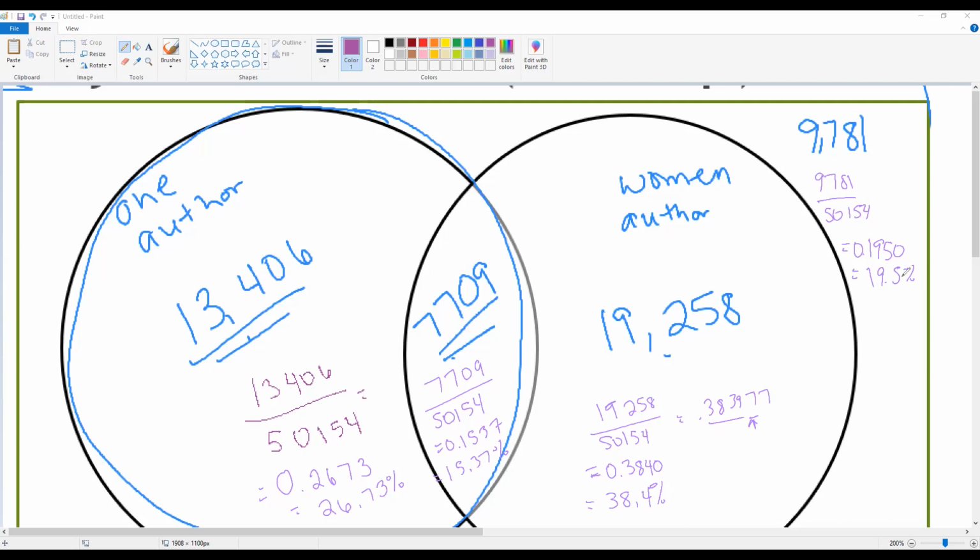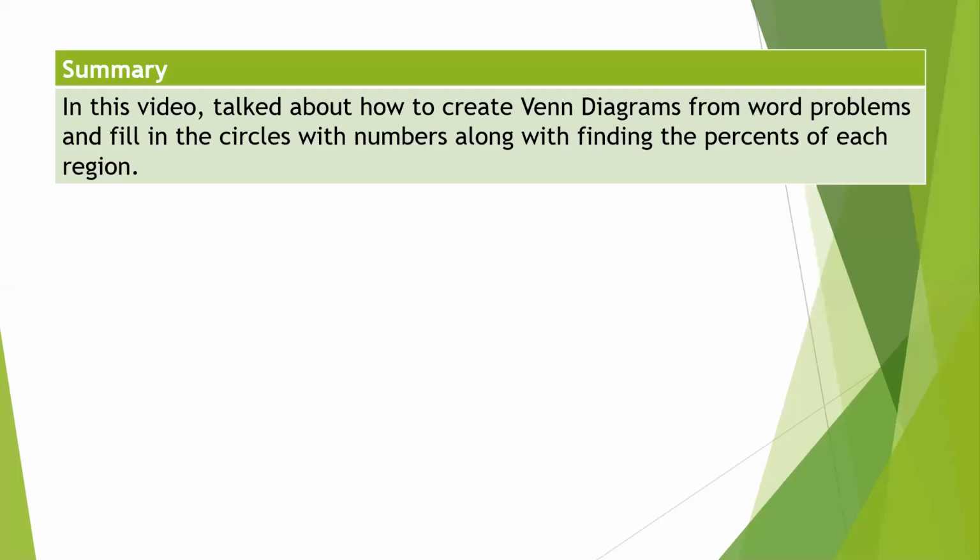And 19.5%, almost 20%, were written by more than one author who were men. So in summary, we talked about how to create Venn diagrams from word problems, how to fill in the circles and find the key characteristics and find the percent in each region.